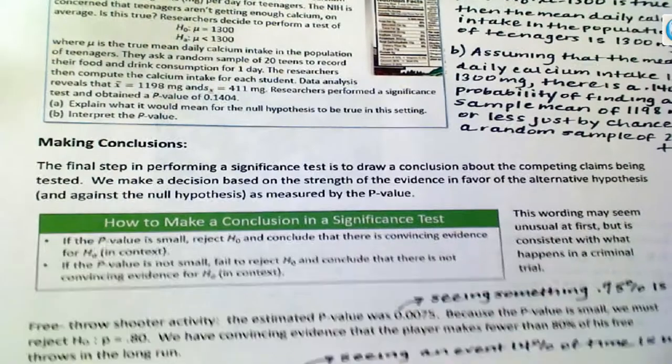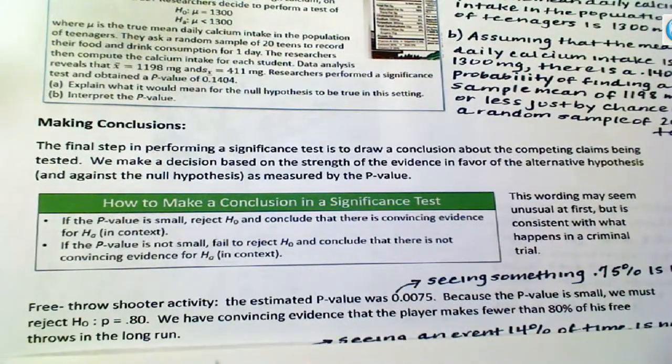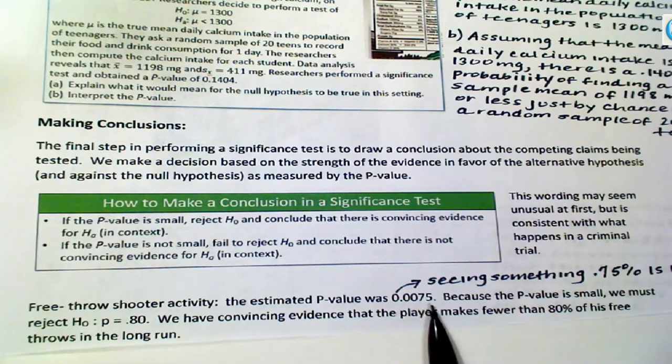Let's talk about the free throw shooter activity. The estimated p-value is 0.0075, which is 0.75%. That is so rare. Because the p-value is small, we're going to reject the H0.